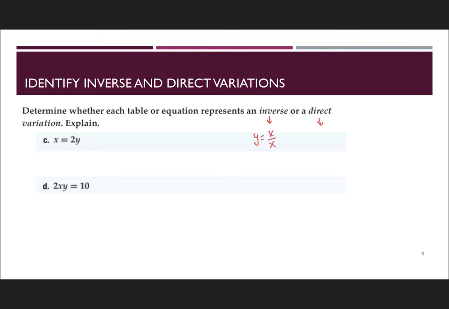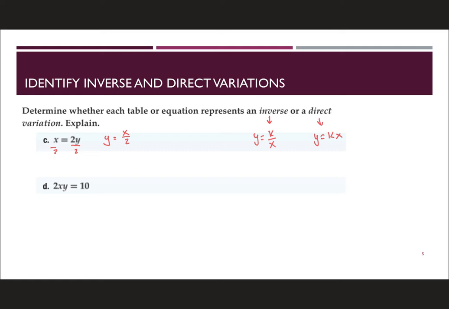And for direct variation, I have y is equal to k times x. So, with my equations c and d over here, I'm going to rewrite both of them so that they are both equal to y. And then I'll see which one is which. So this first one, I'm going to divide by 2 to both sides, which means I have y is equal to x over 2.